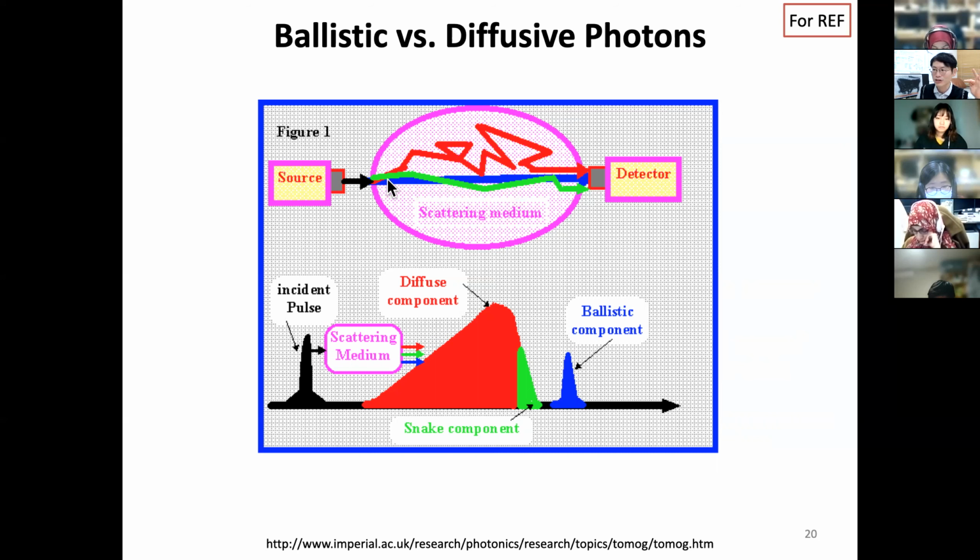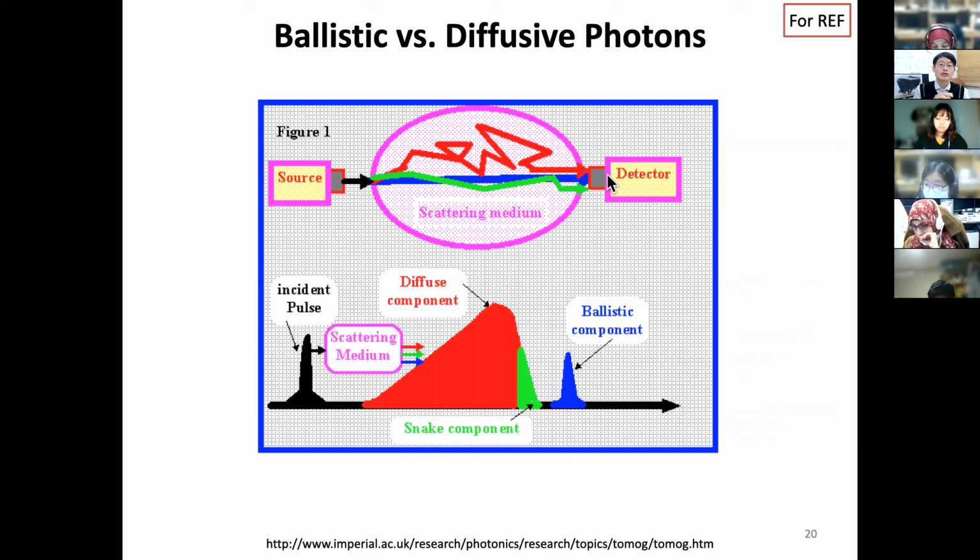And some photons have a few interactions and still go fast. What about the majority of photons, which undergo the densely packed scatterers in the tissue? They will undergo multiple scattering and then finally reach the detector.